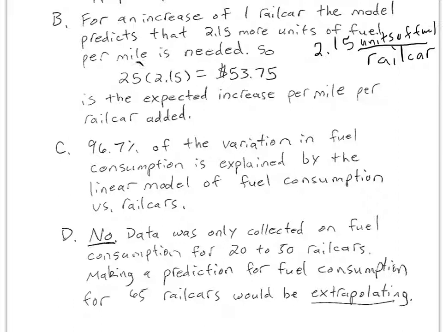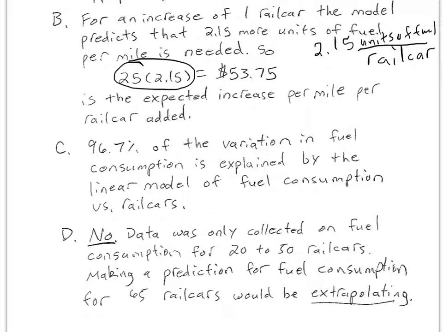So if I multiply that $25 per unit by the 2.15 additional units that I'm expecting to need, that's going to cost about $53.75. So notice I'm just kind of writing a sentence there. I'm showing my work, which in this case is just multiplying 25 by 2.15 and kind of giving an explanation around it. But that's a pretty straightforward part to the question.